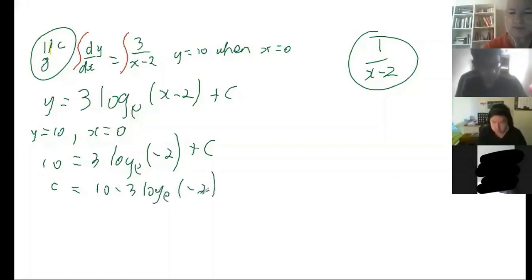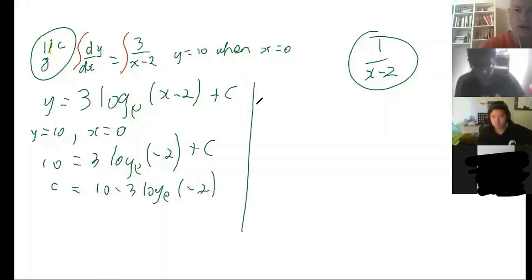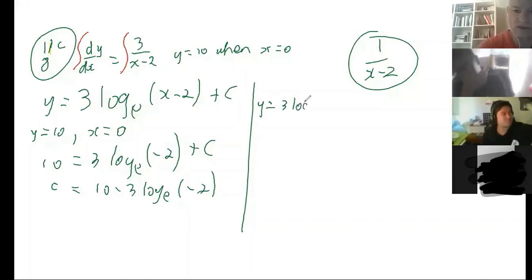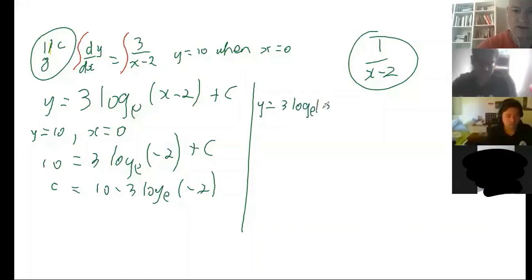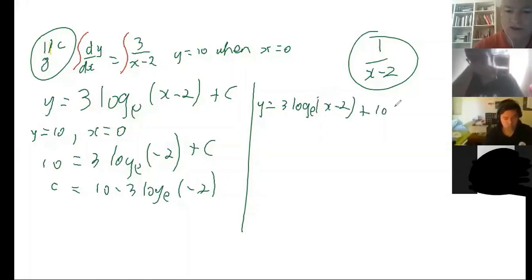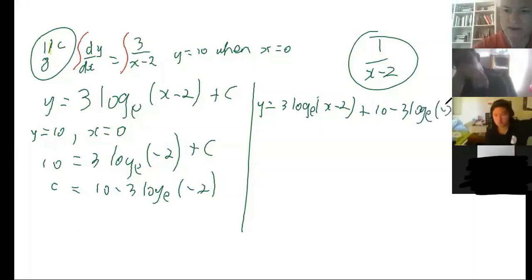Okay, so my rule becomes y equals 3 log e of x minus 2 plus my c, which is 10 minus 3 log e of negative 2.